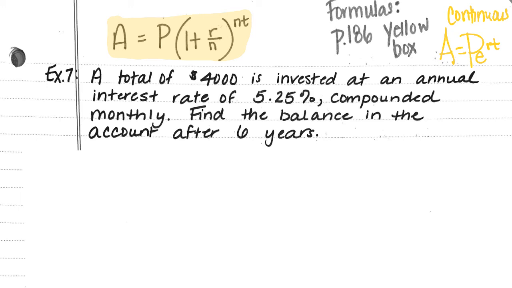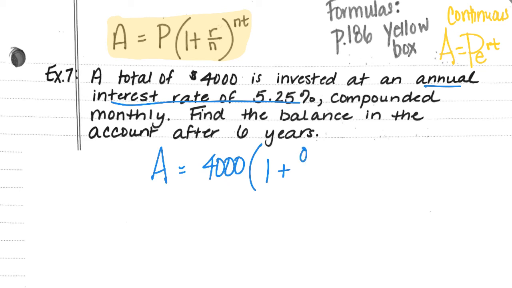So a total of $4,000. Where would I put that $4,000? We know A is equal to, I'm going to put that $4,000 for the principal. So if you know anything about investing money, this is how it would work. And it says that it's invested at an annual interest rate of 5.25.